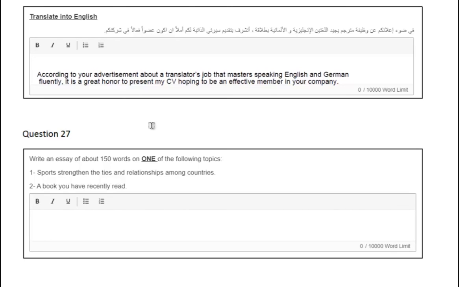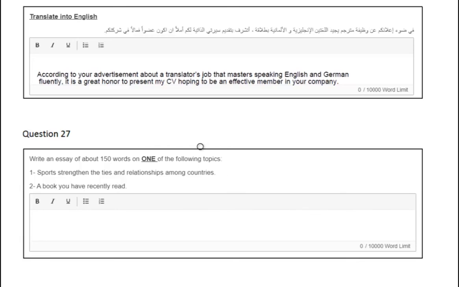I mean, start your paragraph with a hook, a sentence that attracts the attention of your readers. Then give background information in the introduction also. The last sentence in the introduction is called the thesis statement.